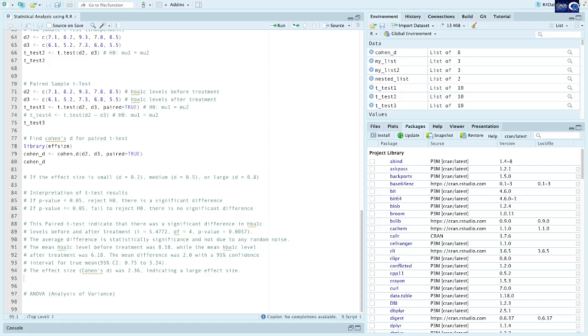Now, for height, the coefficient or beta 1 value is 0.515. That is, for every 1 centimeter increase in height, weight will increase by 0.515, or 0.515 kilogram for every 1 unit change in height. Now here the p-value is significant.